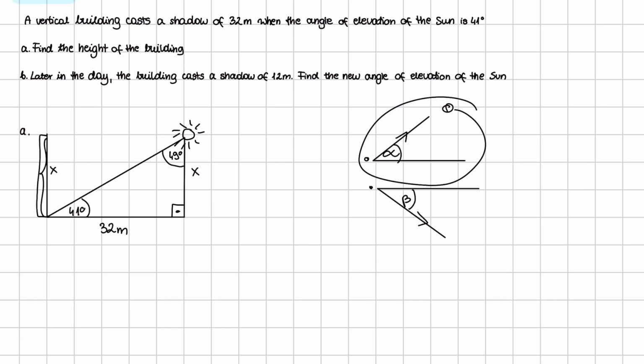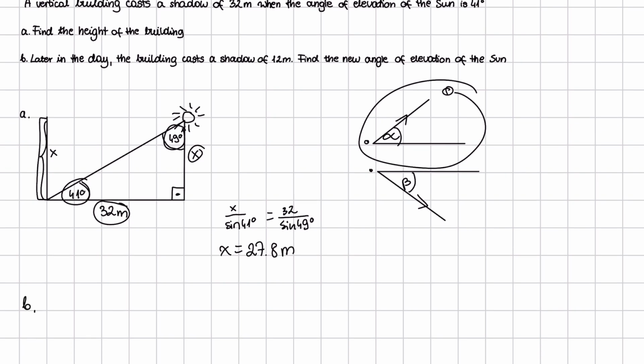We can of course use the sine rule, because we're looking for this x. So x over sinus 41 equals 32 over sinus 49, and we can solve it in solver, and this is 27.8 meters.